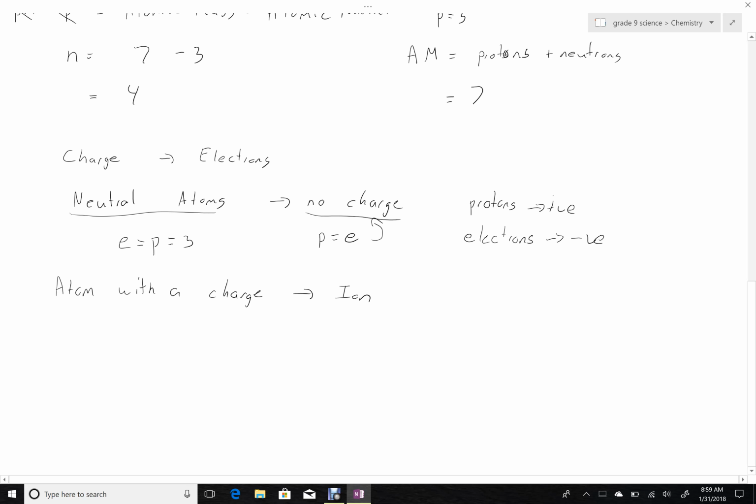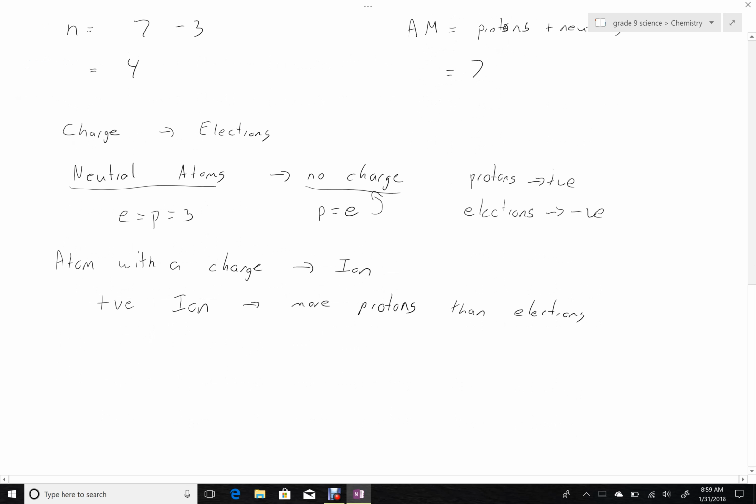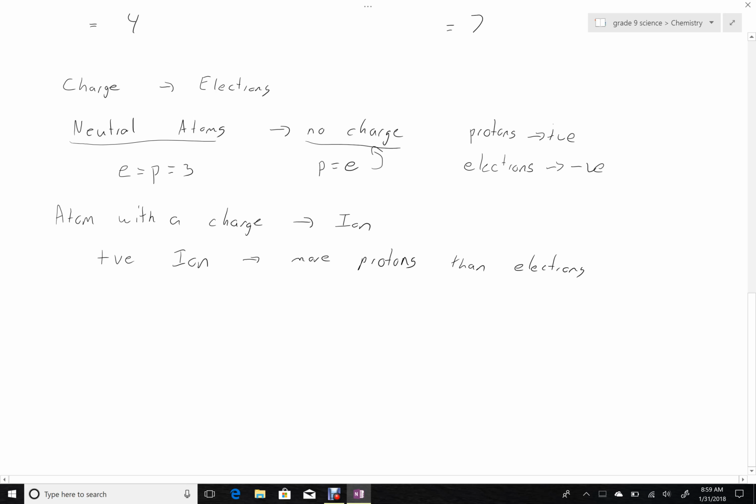If I have a positive ion, what that means is I have more protons than electrons. So, protons can't change. Those were set by the atomic number, and that's what defines the atom. So if I want to have more protons than electrons, what I effectively have to do is lose electrons.